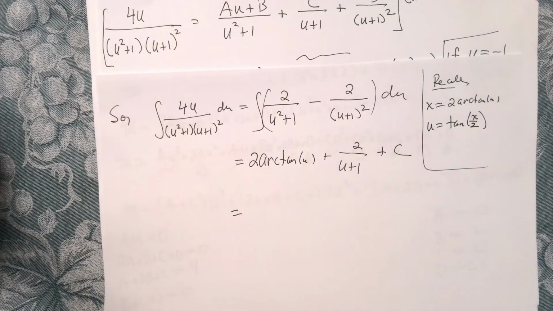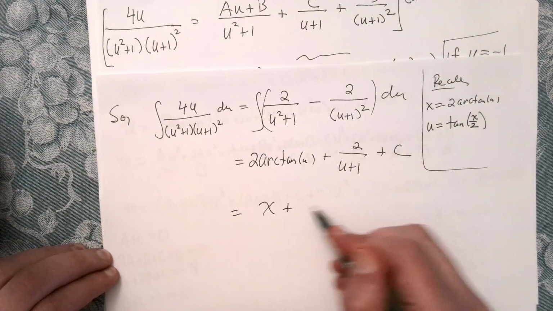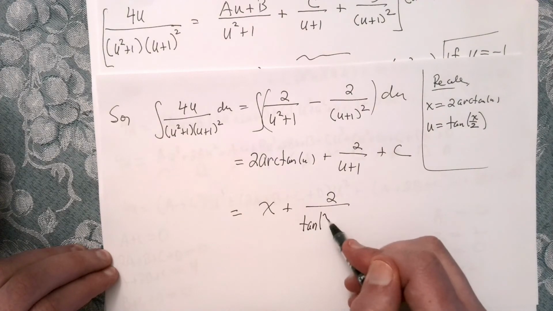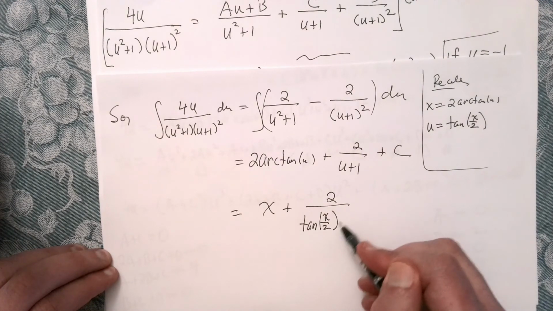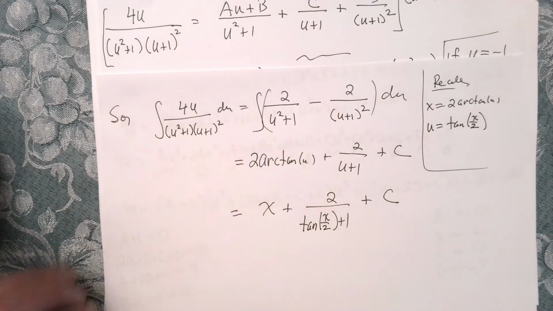So even if we started with the cosecant substitution, that was all based on the fact that u is equal to tangent of x over 2 by Weierstrass. So this is x. This will be 2 over tangent of x over 2 plus 1 plus c.